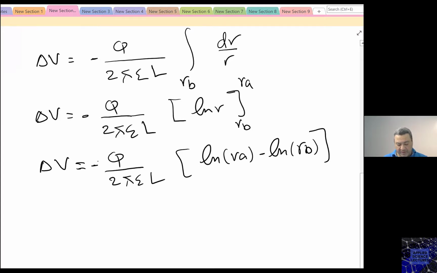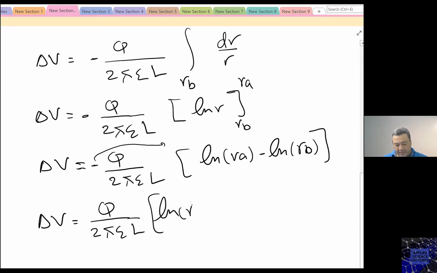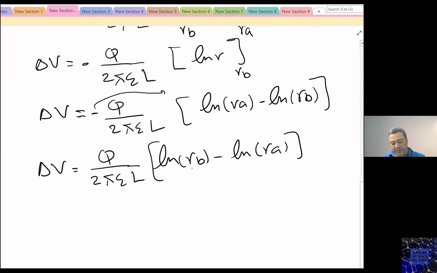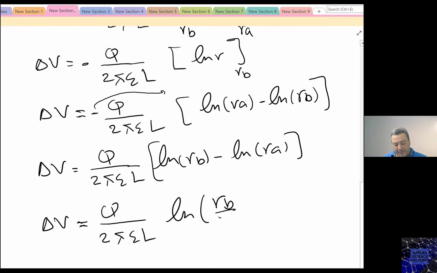If I take the minus inside, this becomes Q over 2 pi epsilon L times the logarithm Rb minus the logarithm Ra. Then we know that logarithm x minus logarithm y equals the logarithm of x divided by y. So this potential difference becomes Q over 2 pi epsilon L times the logarithm of Rb divided by Ra.